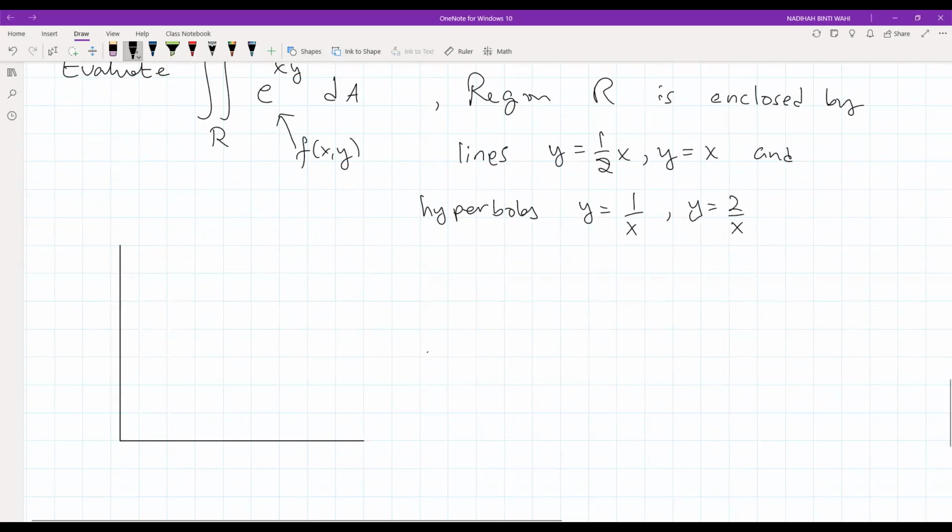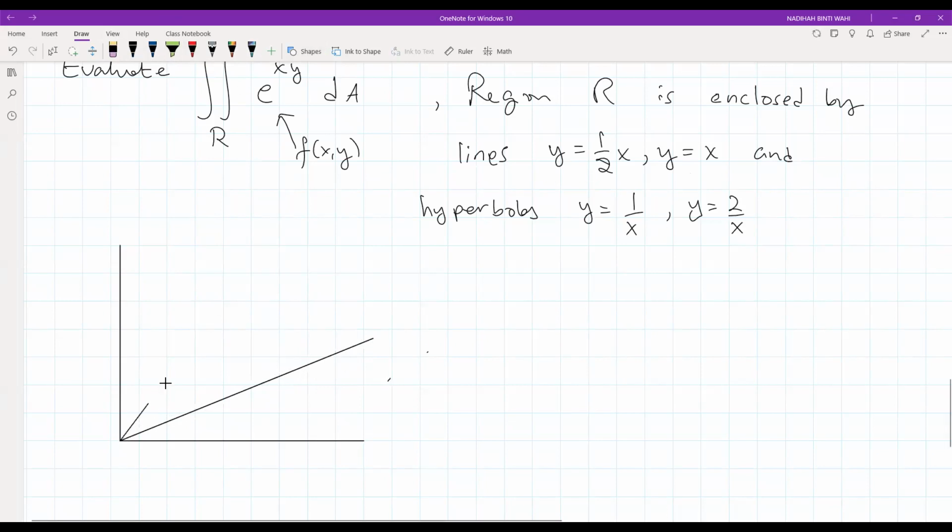Let's see, y equals 1/2 x. So this is like 1/2 of the slope. Let's use a straight line, something like that. And then y equals x, so this is another line.